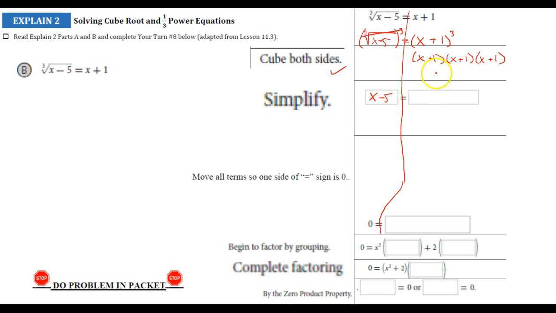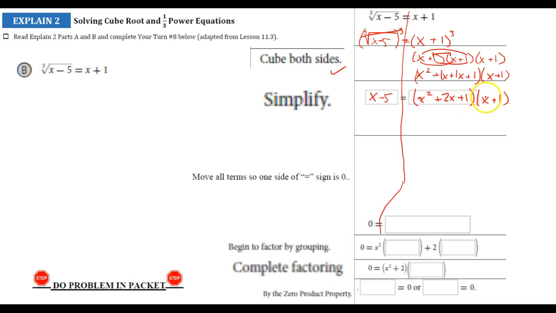So if I FOIL this out, that would be x squared, plus 1x, plus 1x times 1. And that would be x to the 2nd power plus 2x plus 1, times x plus 1.